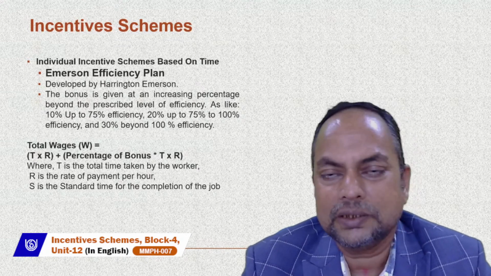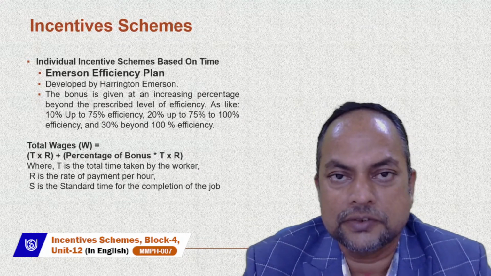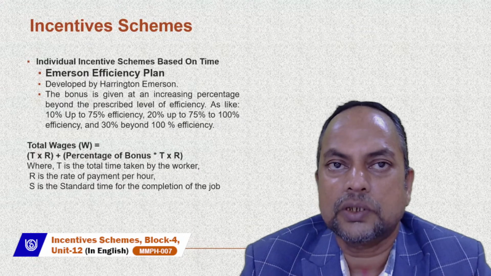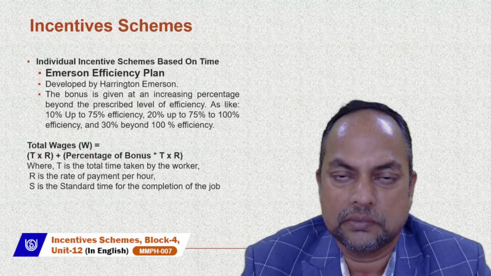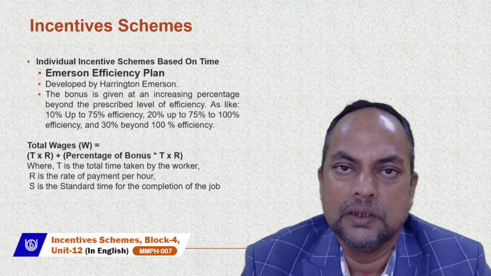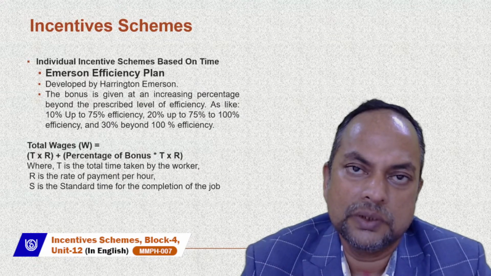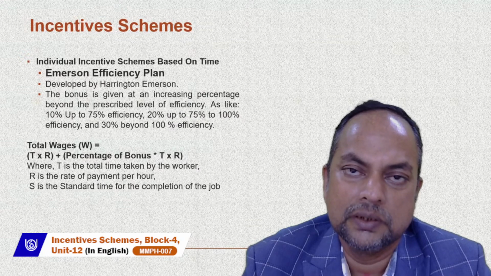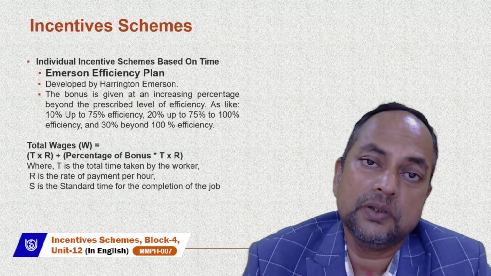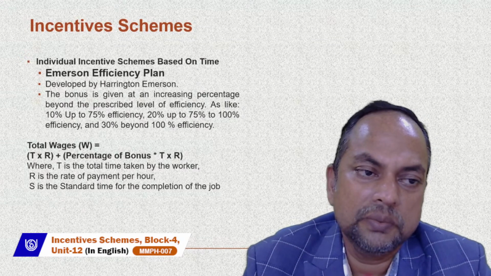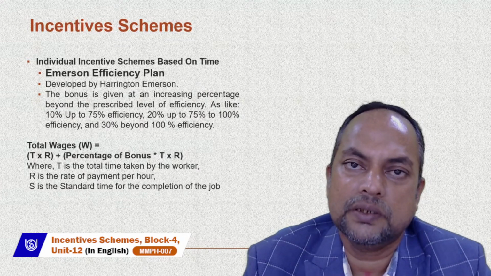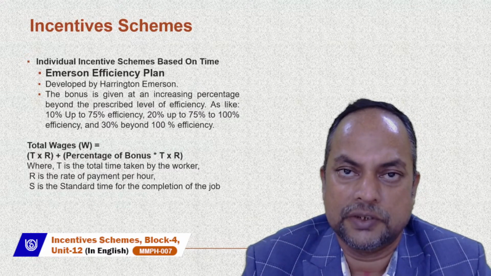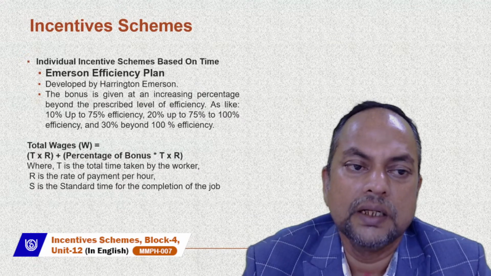So that means what? On a standard day, if the standard working hours are defined to be 8 hours, someone who is achieving efficiency at the 75% level, meaning someone who completes the job beyond 10 hours, will be paid 10%.